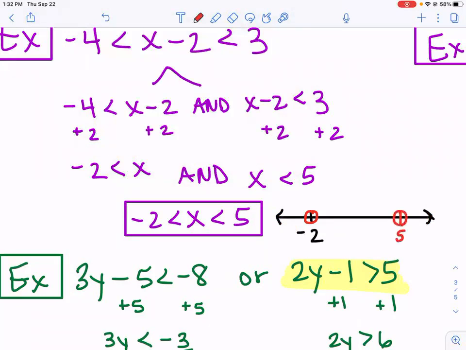So this is what our graph looks like. Let's go back to our second example.